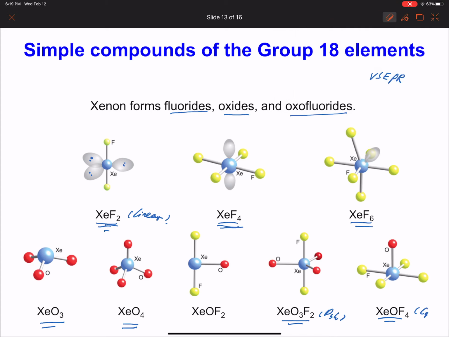And here is square pyramidal, that's C4v. So those are some examples of xenon forming fluoride, oxide, and oxofluoride compounds.